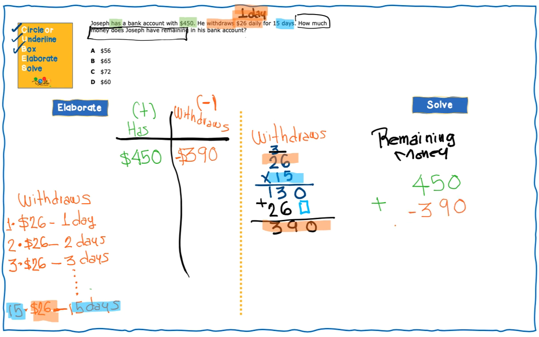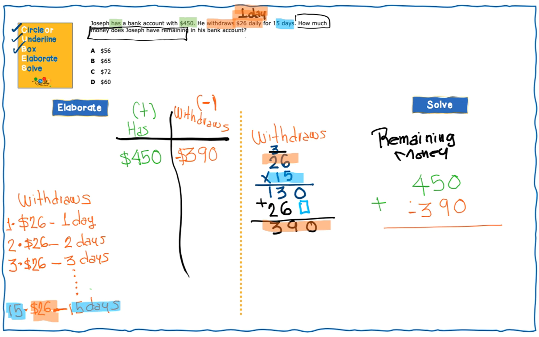This is negative money. When I'm adding a negative, it's really like subtracting, but we keep the sign of the number that has more absolute value. In this case, we keep the sign of the amount that we have more of. Do we have more money in the bank or more withdrawals? In this case, we have more in the bank. So that 450 is greater. So our answer should be positive.